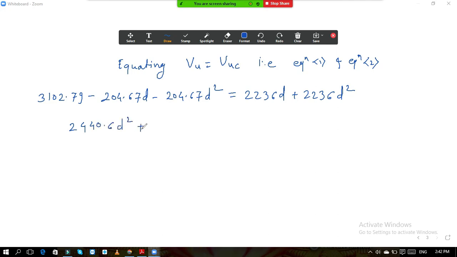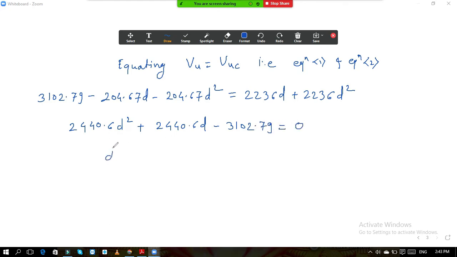Okay. Plus here it is 2236 and again plus 204.67. This will also become 2440.6 d, and this plus term will become minus when you send to that side, which is equal to 0.